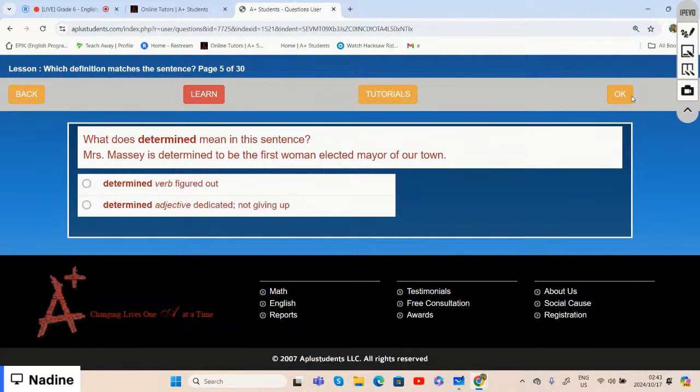And if we were to choose the correct option, then yes, we will say determined is option two, meaning that she is dedicated, she wants this, which means that she's not giving up.